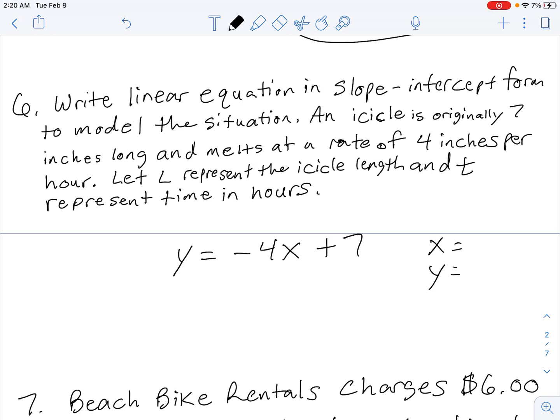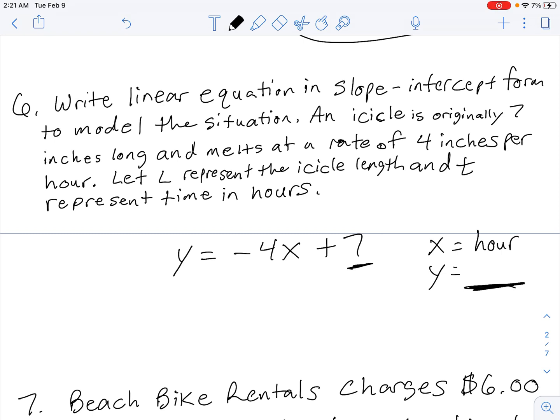So it melts at a rate of 4 inches per what? Hour. And if you're looking for the y-intercept, well, look for the 7, because that's the y-intercept.